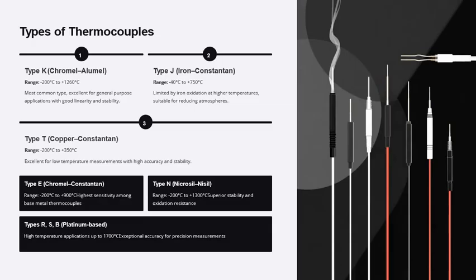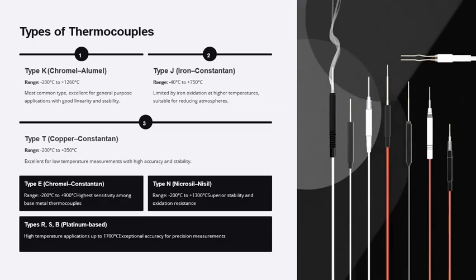The type K is mainly made of chromel and alumel, type J is made of iron and constantan, and type T is copper and constantan.